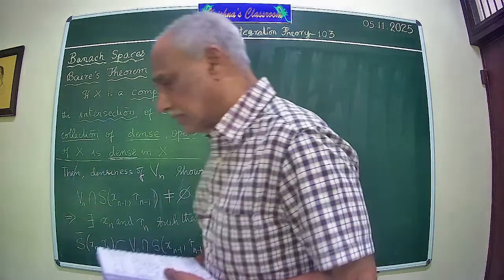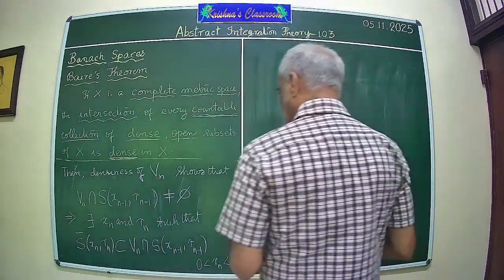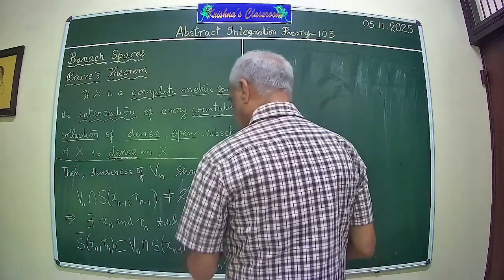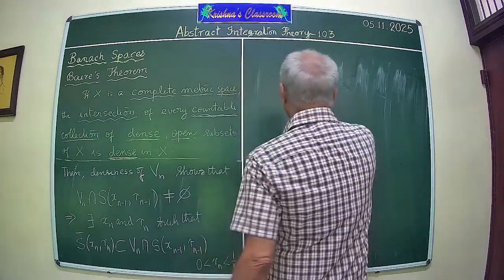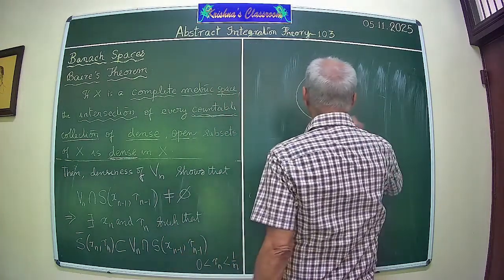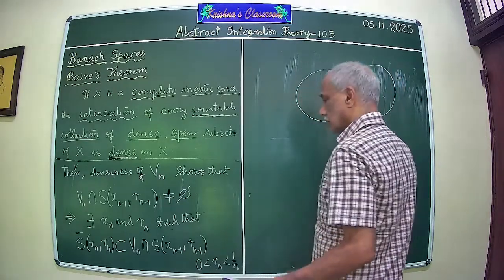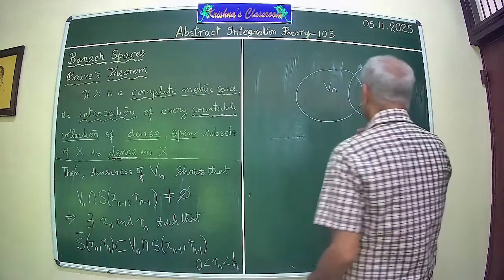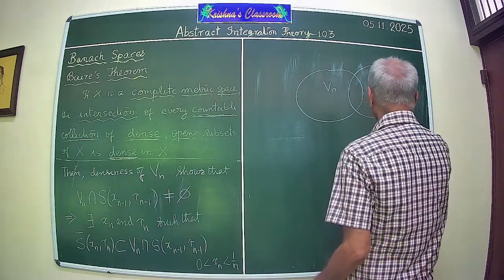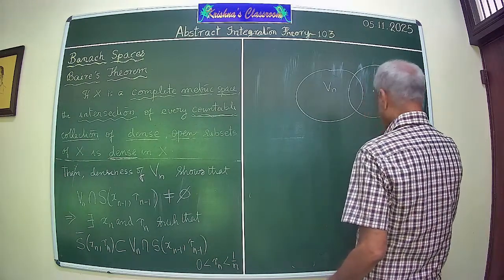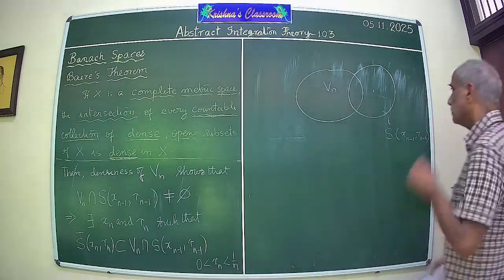See, what we have is this. You have the intersection, Rn minus 2.